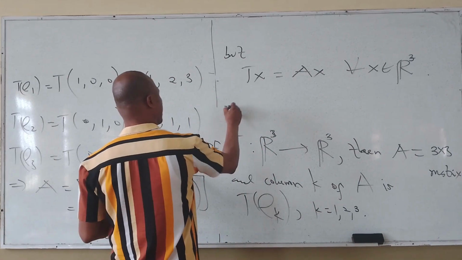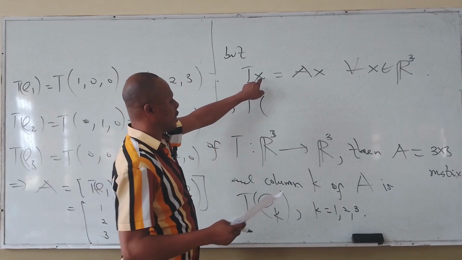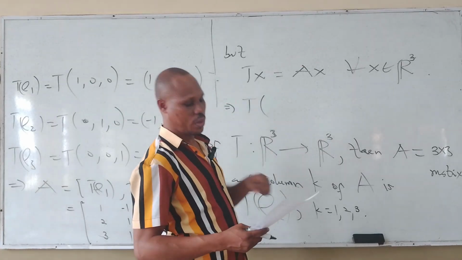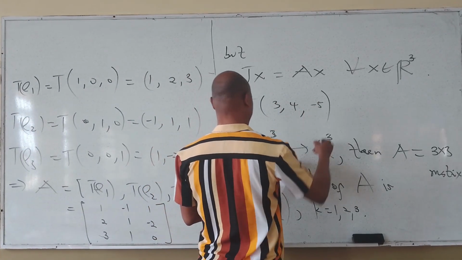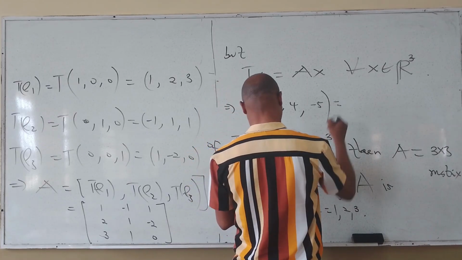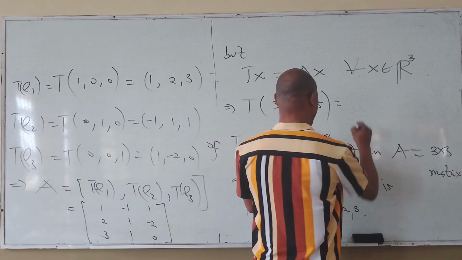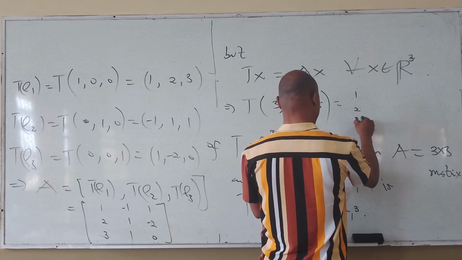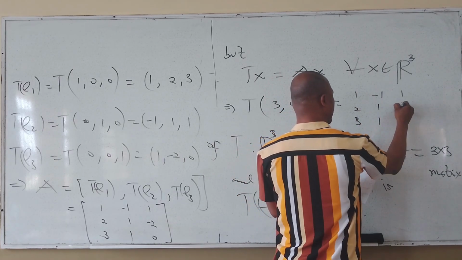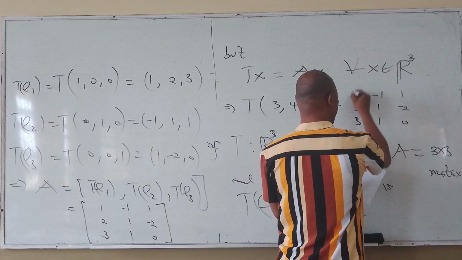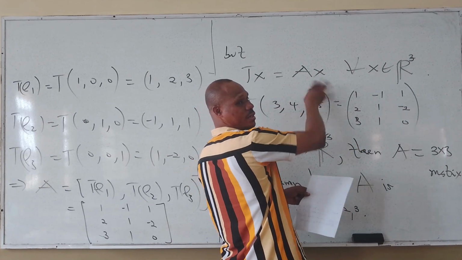So T of (3, 4, -5) should be equal to the standard matrix, 1, 2, 3; -1, 1, 1; 1, -2, 0, times the transpose of this.